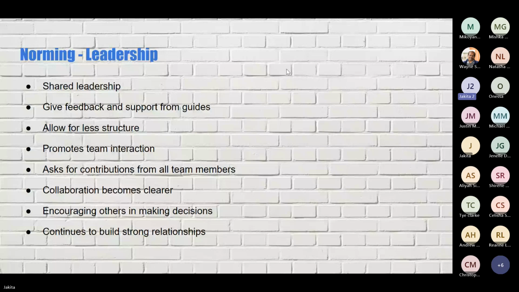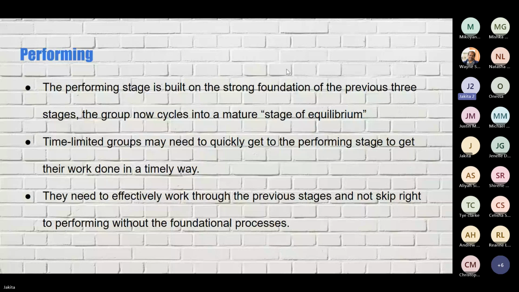Moving on to the next stage, the stage will be performing. The performance stage is built on a strong foundation of the previous three stages. The group now cycles into a mature stage of equilibrium. A time-limited group may need to quickly get to this particular stage.